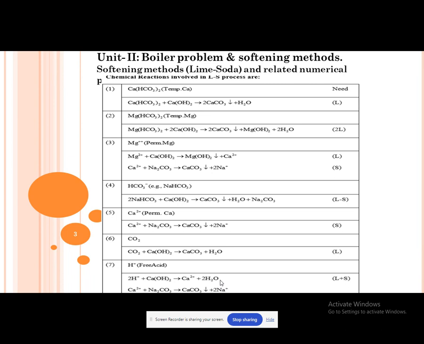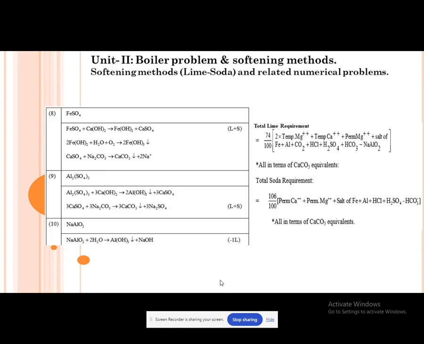So in the same manner, temporary hardness causing calcium and magnesium, and permanent hardness causing calcium and magnesium, get converted into precipitates. Some bicarbonates are also there, they get converted into CaCO3. Free acid is also converted into CaCO3. And if iron, aluminum and sodium salts are there, they also get converted into respective precipitates.